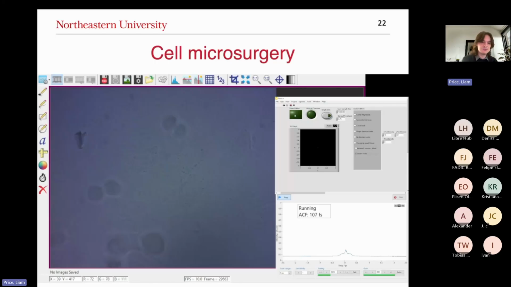So by ablating across these membranes, we're opening up the membrane and allowing the PI dye to flow into those cells. When it does, it becomes a very bright orange fluorescence under our laser. So we can see how many of these cells are actually killed under these different scanning parameters and get an idea of how effectively we're permeabilizing these cells.